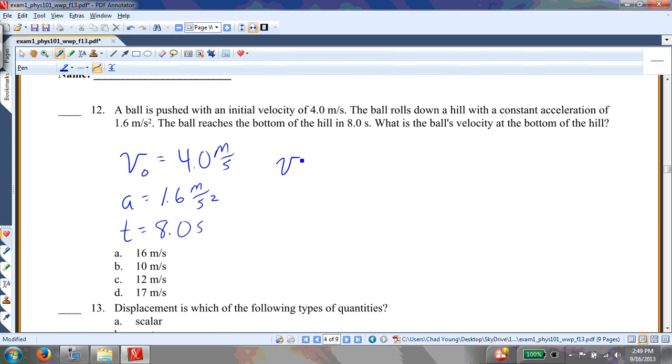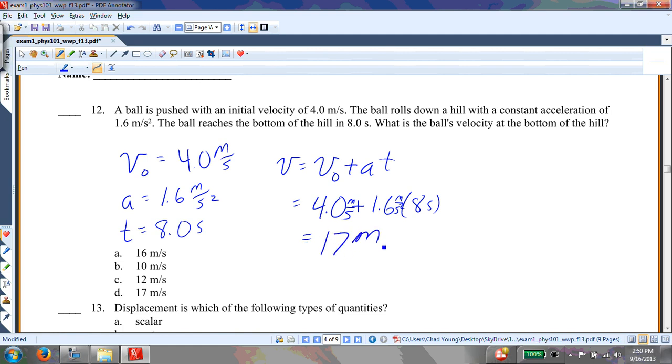So we just say V equals V naught plus AT. That's 4 plus 1.6 times 8. We get 16.8 or 17 meters per second. So that is D for number 12.